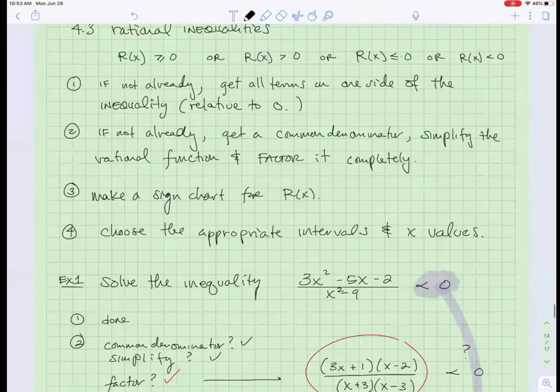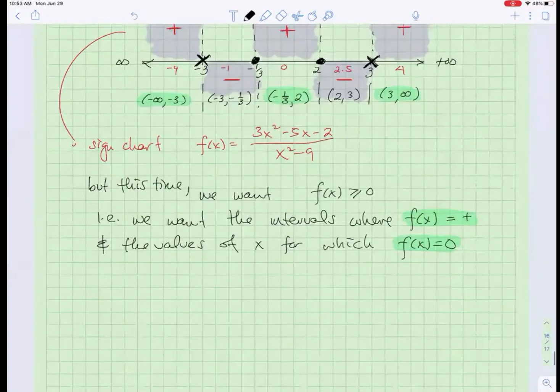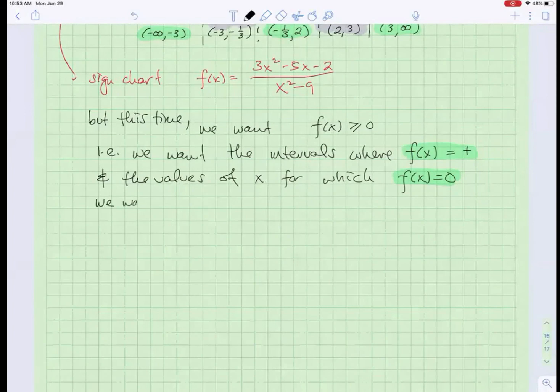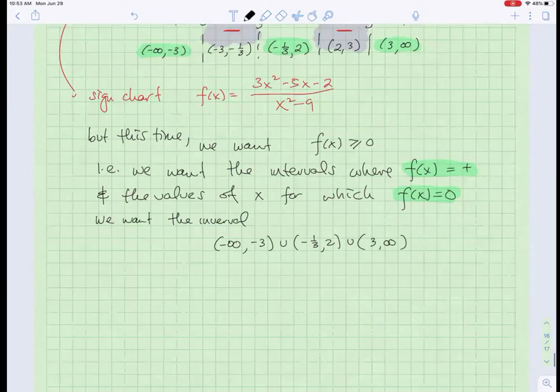So, oops, down here. We want the interval negative infinity to negative 3, union negative 1/3 to 2, union 3 to infinity.